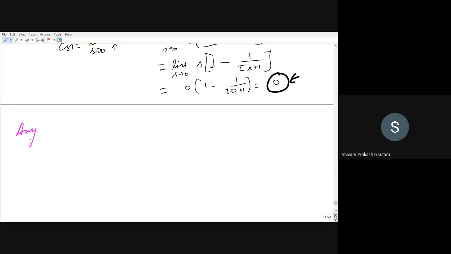Any system is called a controlled system.